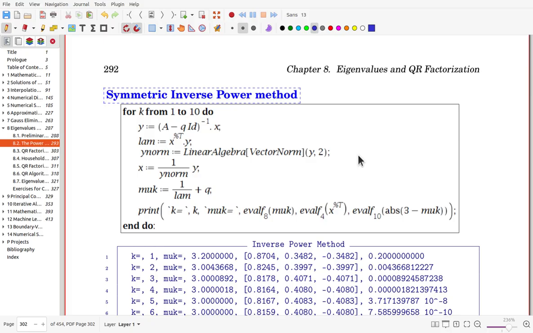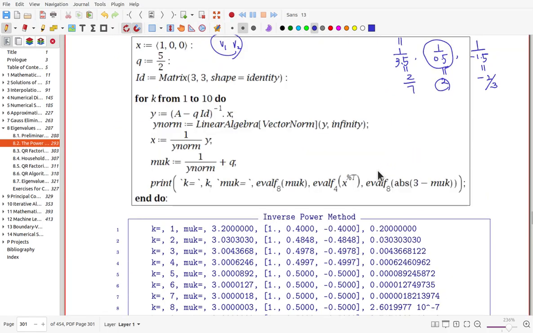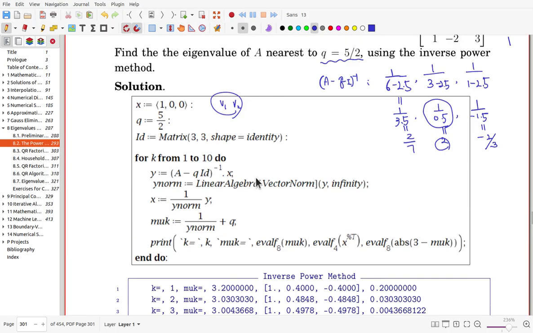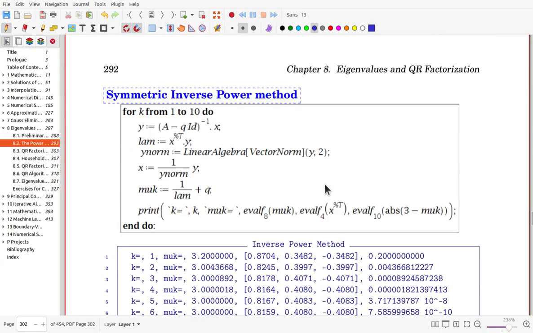The inverse power method can also be implemented for the symmetric method, because we apply the inverse power method to symmetric matrices, since we start with this symmetric matrix. Now the symmetric version of the inverse method, along with the same q of 5/2, and we measure the error from 3.